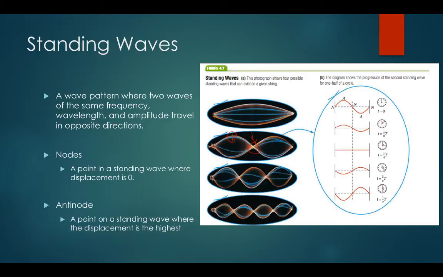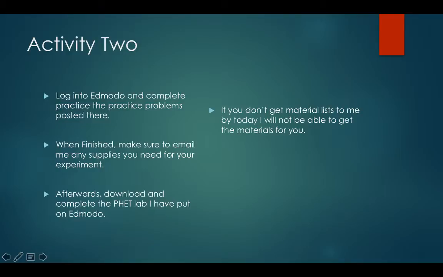And that's basically it for this chapter, guys. What I want you guys to do today, while I'm gone, is three things. The first one is I've done the standard thing. I've posted some quick practice problems for you guys that you can complete. I will be posting the answer key to this at a later date. Next, when you're done with these, I would like you guys to make sure that you email me your supply list for your experiment.